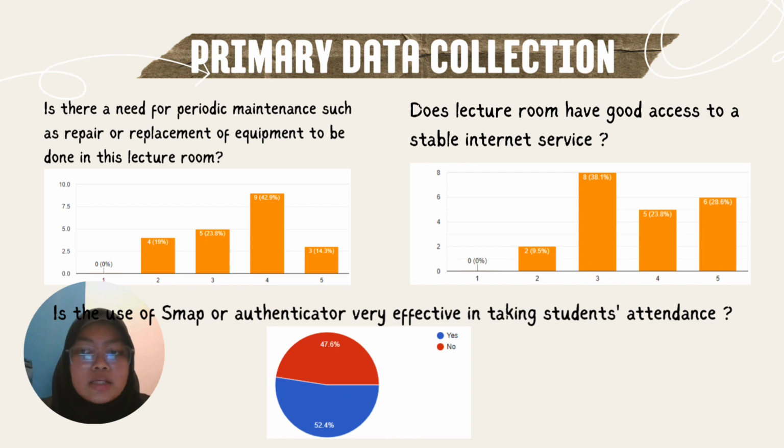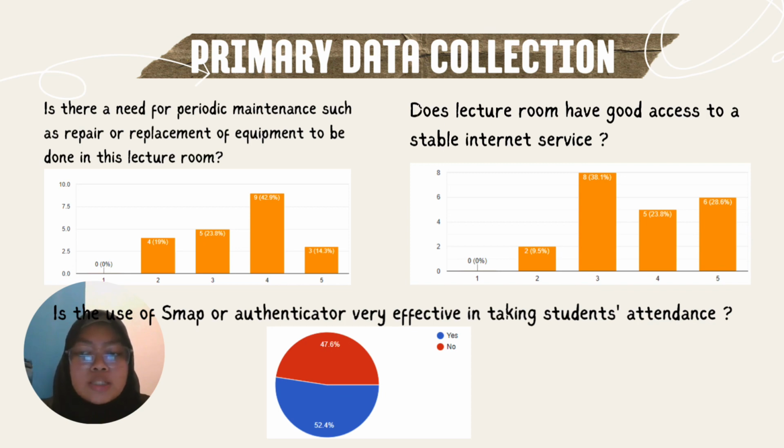This periodic maintenance helps to reduce and control the damage that happens in the lecture room. 23.8% of respondents choose neutral and 9.5% are unsatisfied with this method. 14.3% are very satisfied with the existence of periodic maintenance.